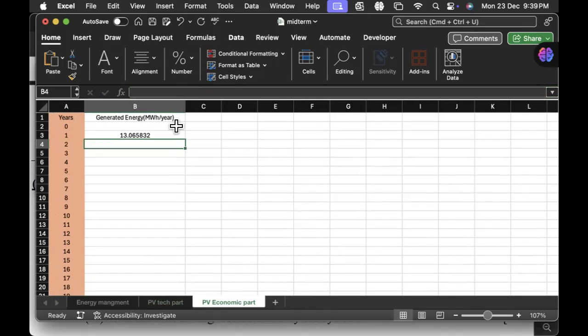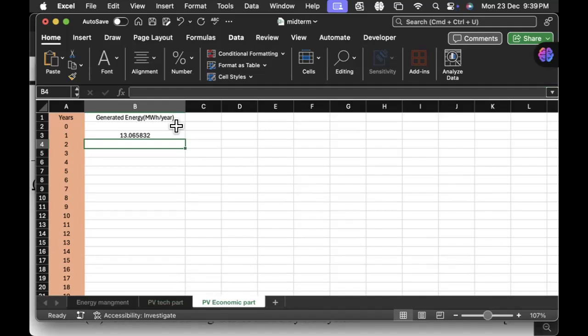this energy generation will be affected during the lifetime of the system by an incremental, yearly decrease, an annual decrease in the energy generation, because we know that during the lifetime of the system, which is typically from 20 to 25 years, the system performance is degraded by around 20% of its rated output.